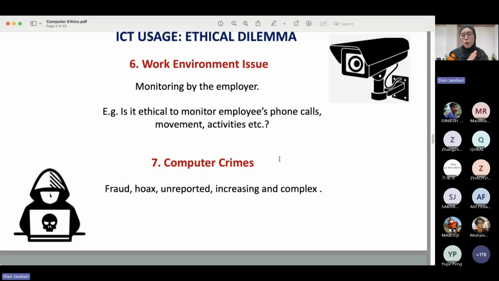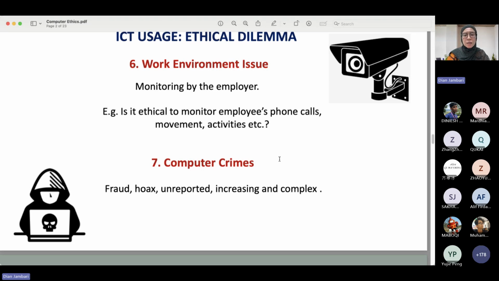Your work will be monitored very closely, including, for example, any phone calls that you take, any movement, any activities. That policy of using ICT in the work environment can cause a dilemma where it can conflict with the legal aspects of your rights as an individual, your rights to personal information, your rights to privacy in the office or in the work environment. So that causes an ethical dilemma.